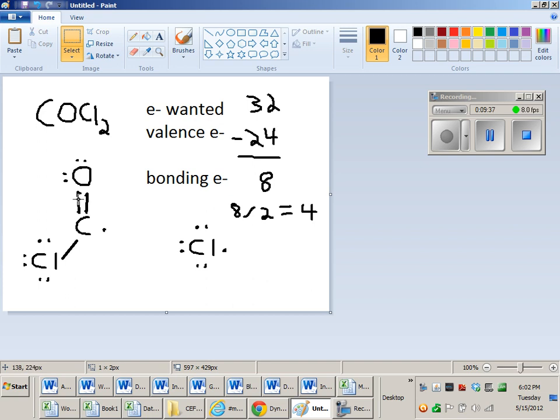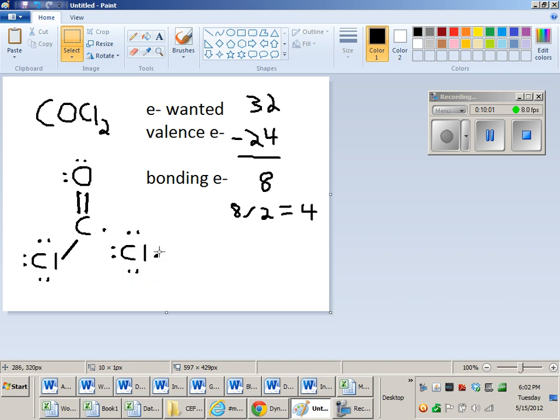Okay. Then that would leave, let me move this electron to the other side, carbon would have 2, 4, 6 bonding electrons and 1 non-bonding electron. So that's 7 electrons in its valence set. And chlorine would have 6 non-bonding electrons and 2 bonding electrons. So that's 8 for chlorine. So chlorine's done. Carbon needs 1 more electron. Where's it going to get it? It's going to get it from the other chlorine.